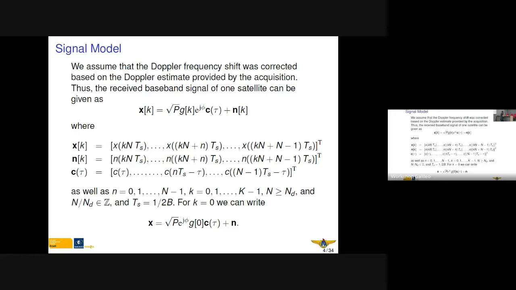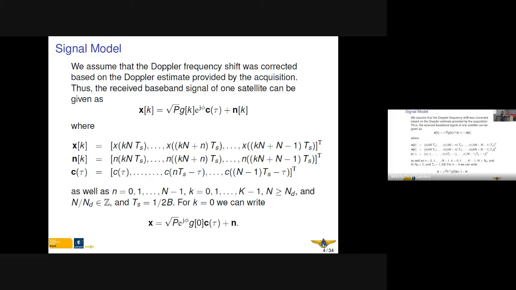And now again, as before, for k equals 0, we can define, dropping this index k, we can forget about this for the time being and say, okay, we have only data for one, the signals only for one period. So we have the vector x.